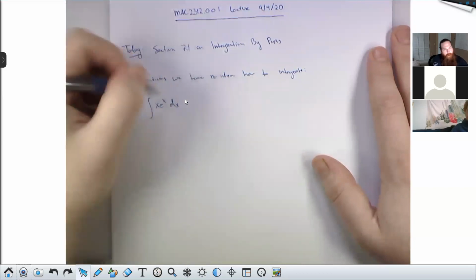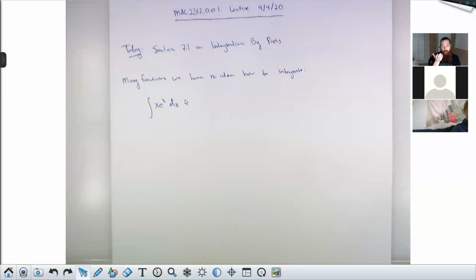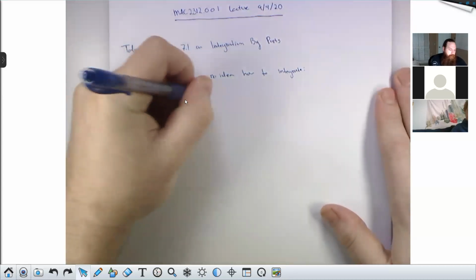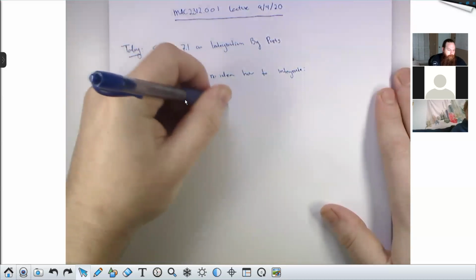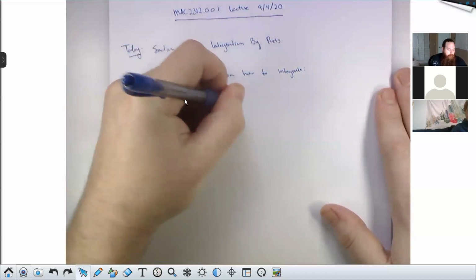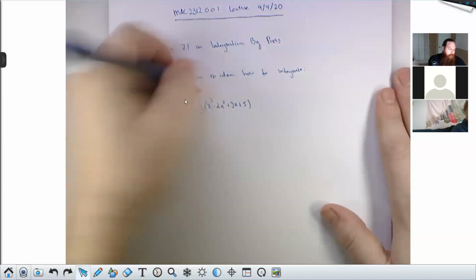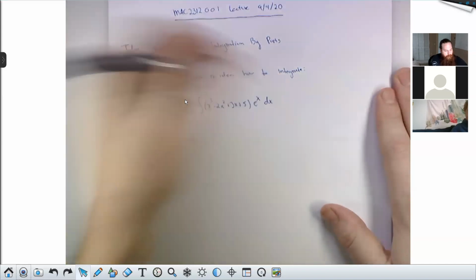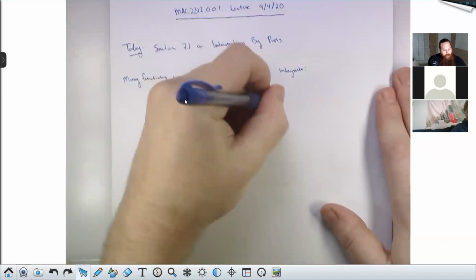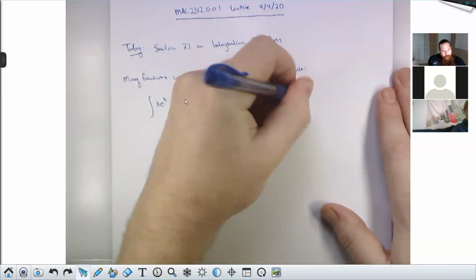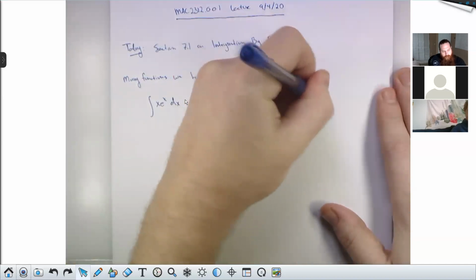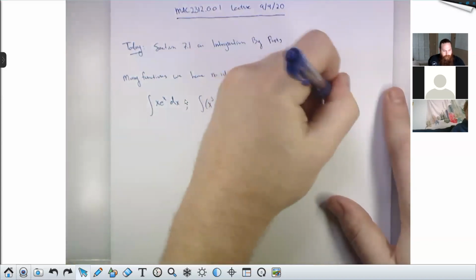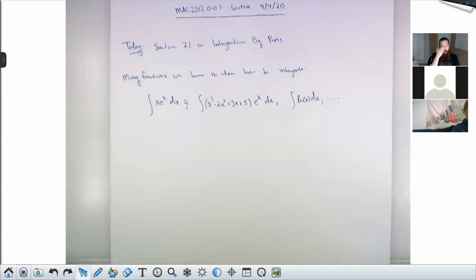But what do you do if I slap on an x? How do you integrate x e to the x? Or in general, any polynomial times e to the x? Or even, God forbid, the natural log of x. We don't know how to integrate that. The list goes on. Lots and lots of things we don't know how to manage.